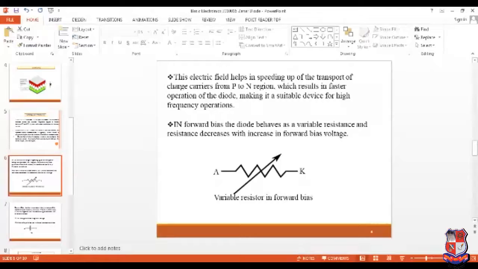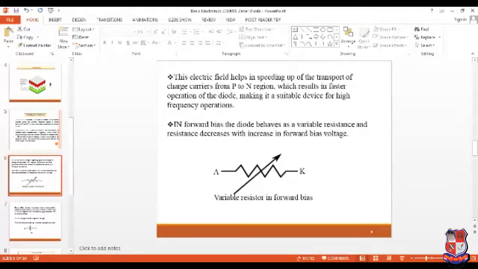Now switching over to reverse bias. When you use the diode in reverse bias, the holes in the P side will move towards the negative terminal and the electrons will move towards the positive terminal, so the depletion region will increase. Electrons and holes move away from each other in opposite directions. Hence, the intrinsic region becomes swept free.